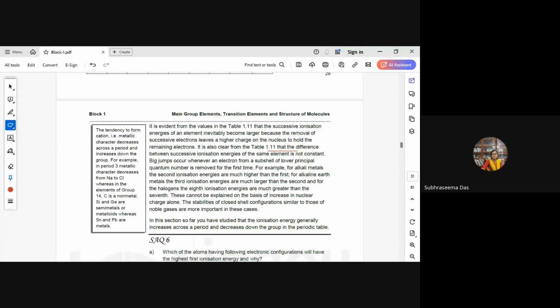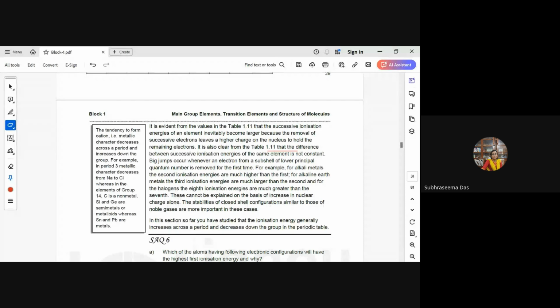It is also clear from the table that the difference between the successive ionization energies of the same element is not constant. Whenever there is a change in the value of n, we can see a change in the ionization energy for a particular element. For example, for alkali metals, the second ionization energy is much higher than the first, and for alkaline earth metals, the third ionization energy is much larger than the second.